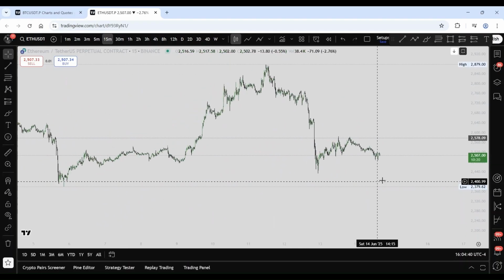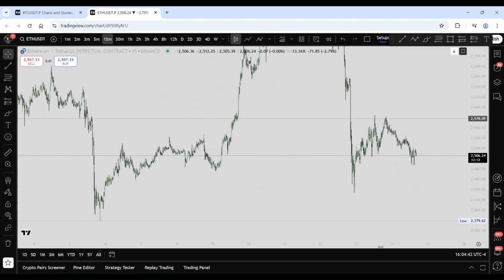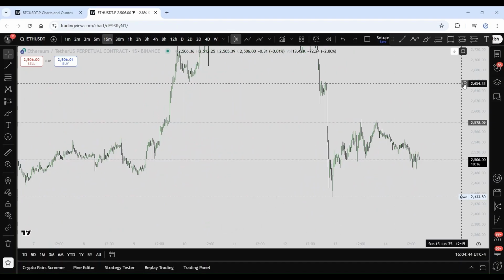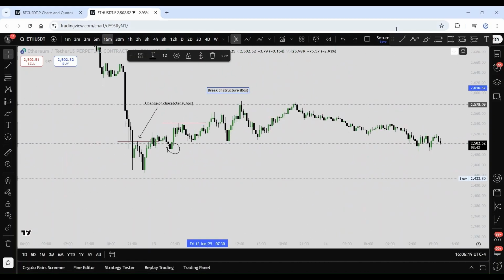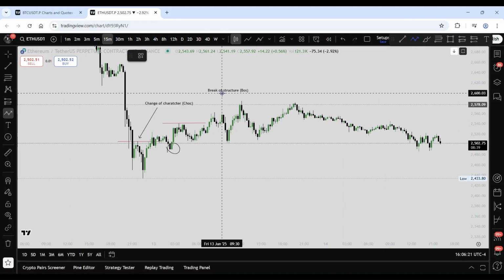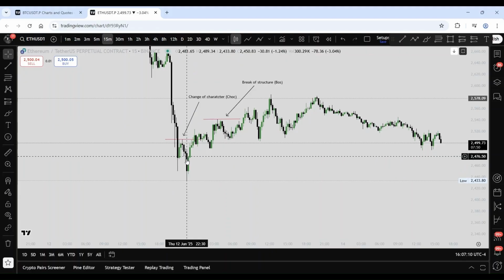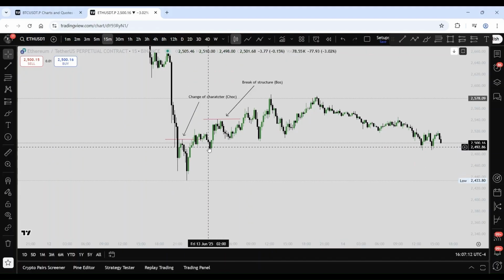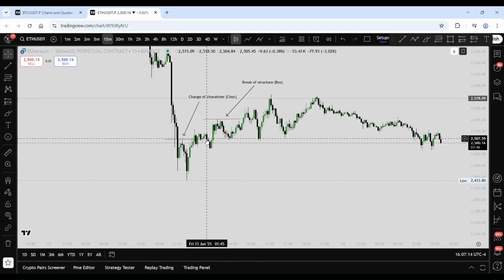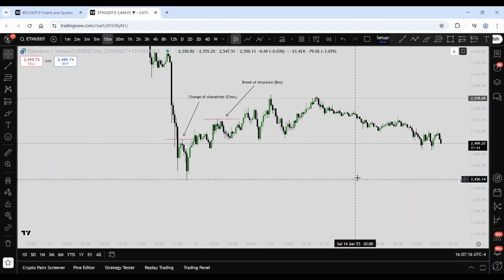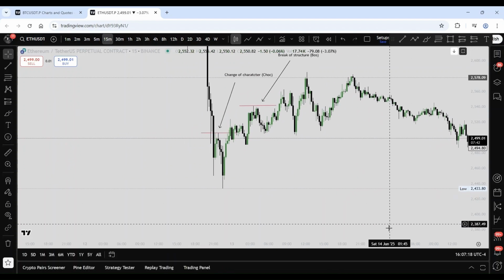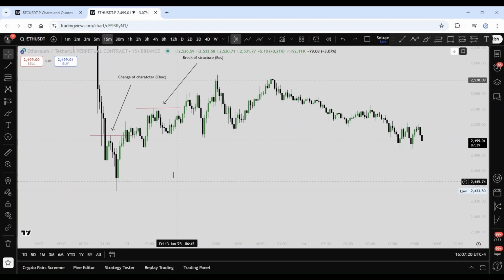So now over here we can see the price made a lower low. As we can see, the price pumped from here, followed by a retracement and a continuation. Bullish bias will be confirmed.